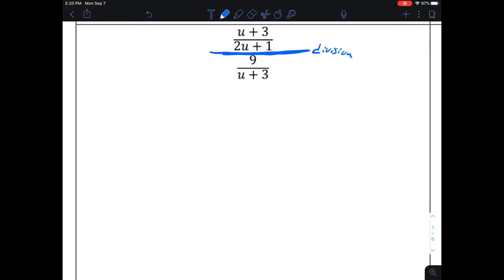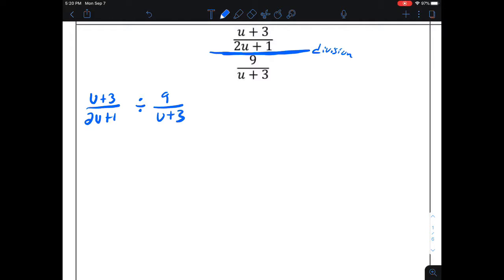And a lot of people forget that line means division, which means that for some of these problems, like this one, I could rewrite it as u plus 3 divided by 2u plus 1, divided by, you can write it with the old school division sign if you wanted, 9 over u plus 3.